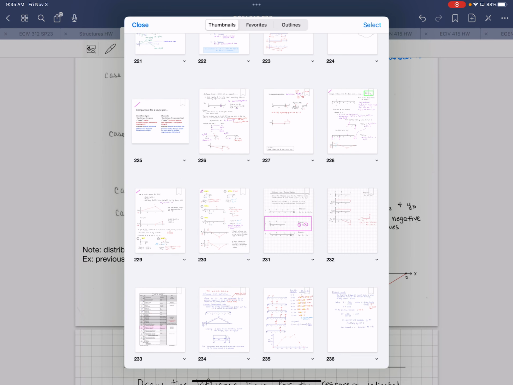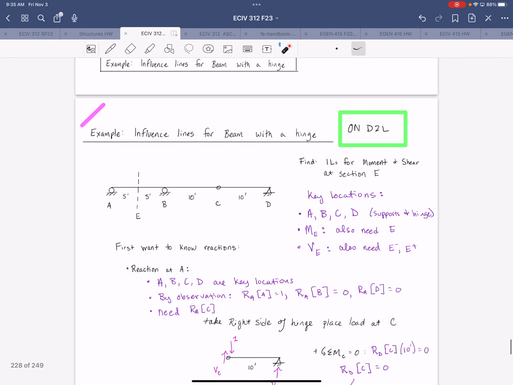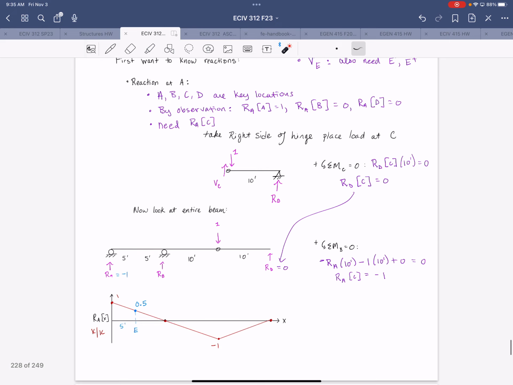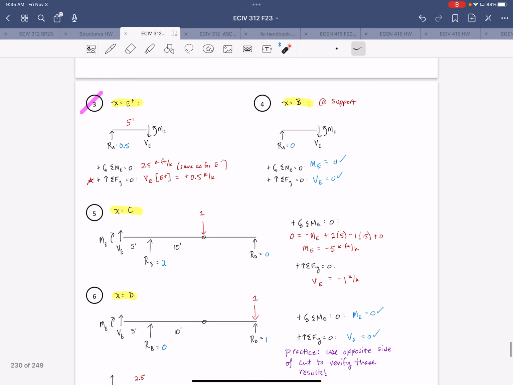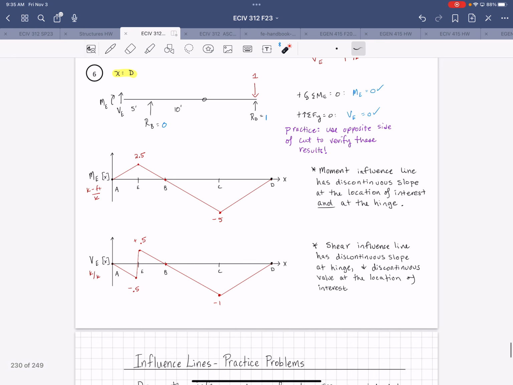Beam with a hinge, okay. So this is the beam we're talking about. We've got a support at A, B, and D, and then the hinge is at C. So the response that I'm focusing on in this demonstration is the shear at E, this location right here. And if we skip ahead in this example, that's the last influence line that's determined in that example. All right, so here's the shear at E.